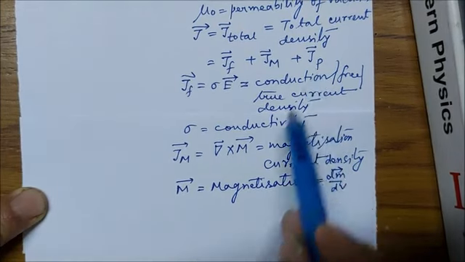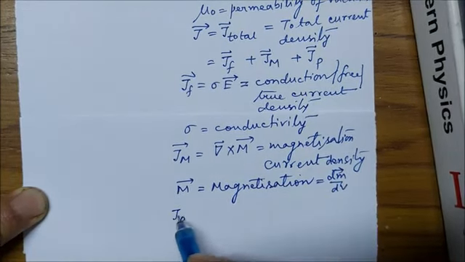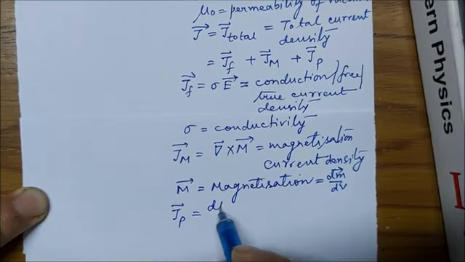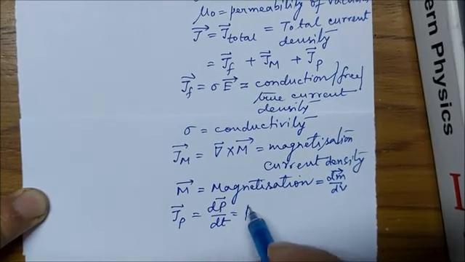And vector Jp represents the polarization current density, and this is its expression.